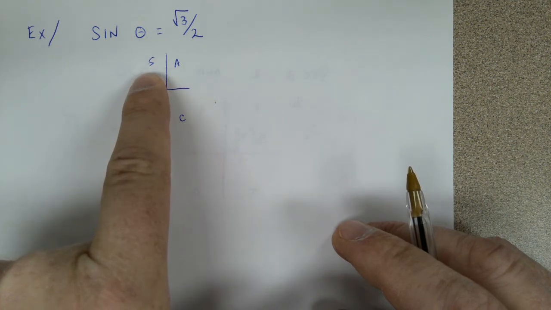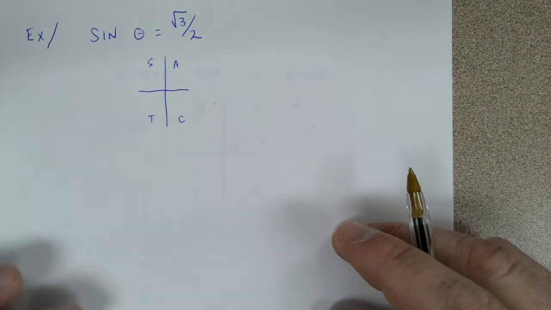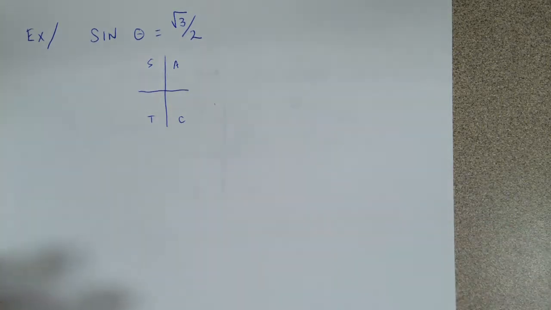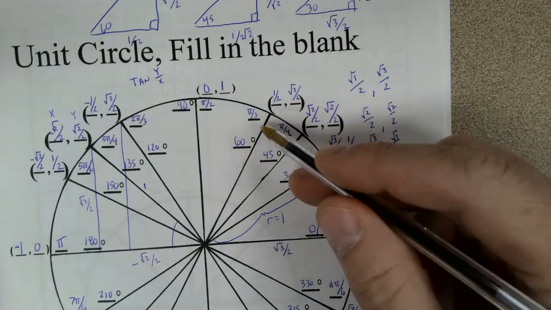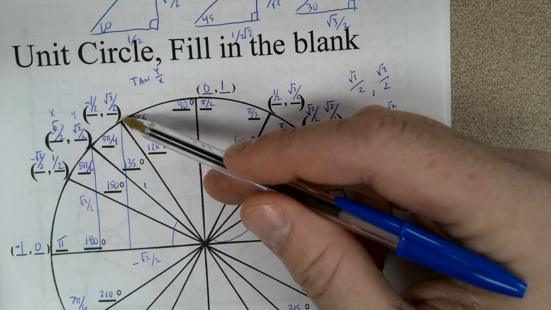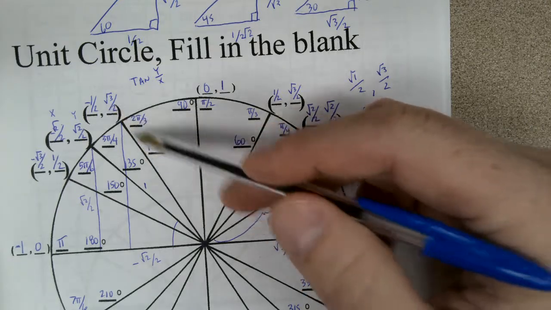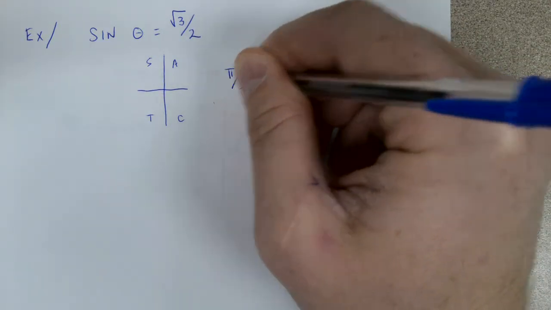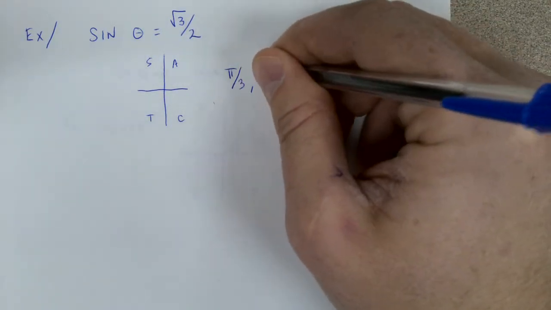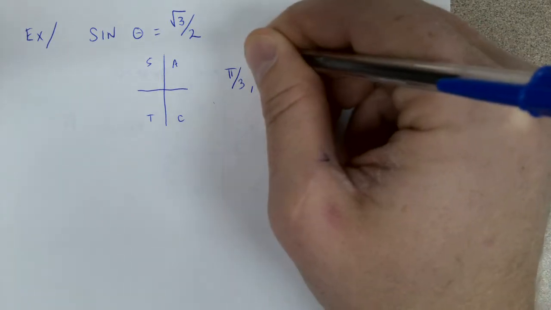So that's going to help us to determine that the sine of theta, if we're just utilizing the unit circle here, is going to happen at 60 degrees or pi thirds, and it's going to happen at 120, which is 2 pi thirds. So our theta value, just using the unit circle, is pi thirds and 2 pi thirds.